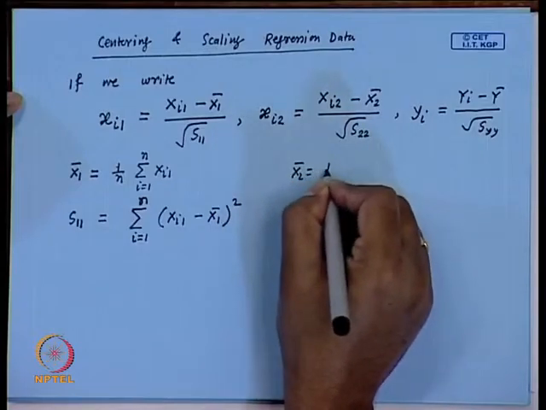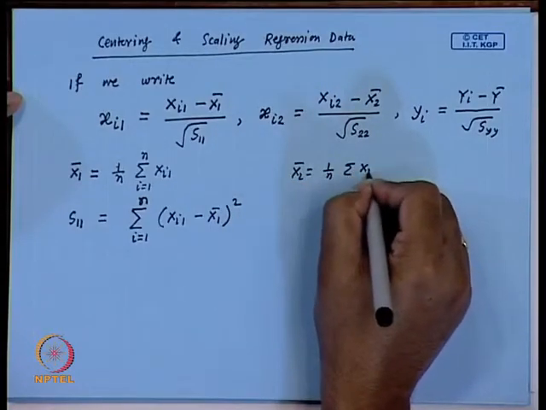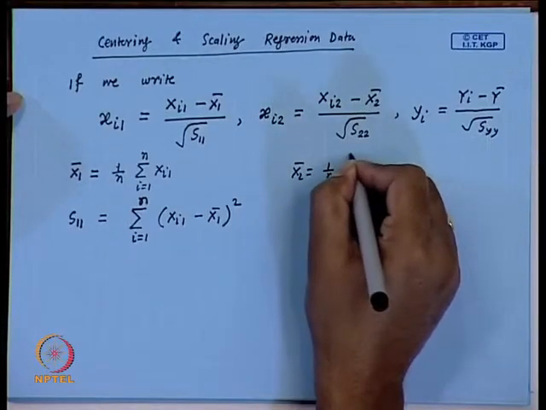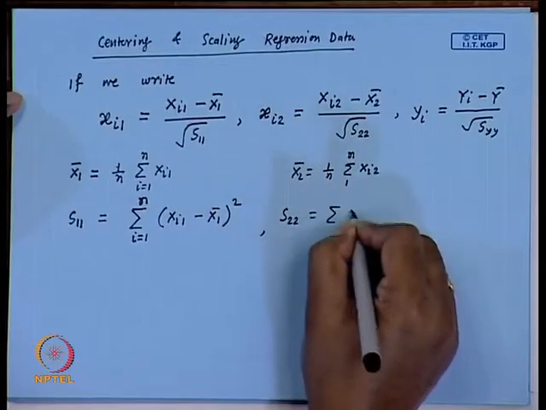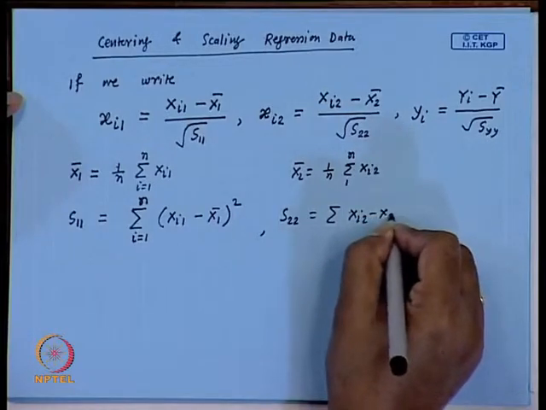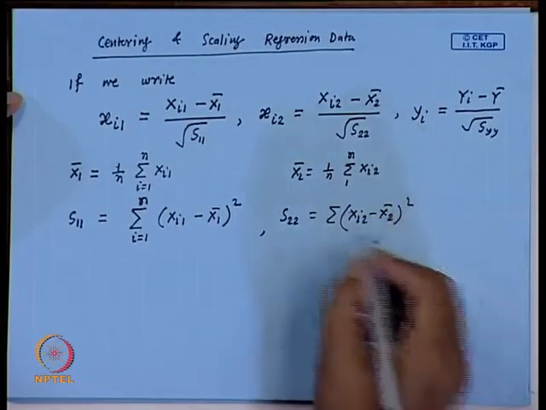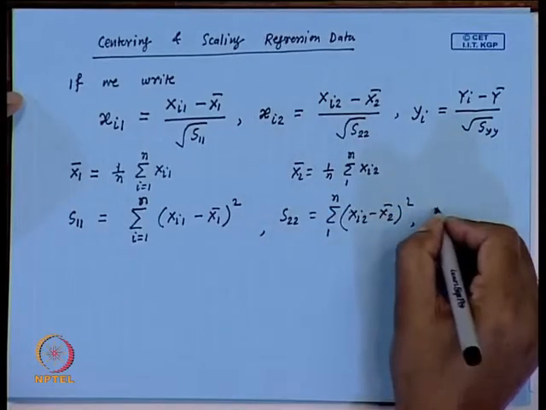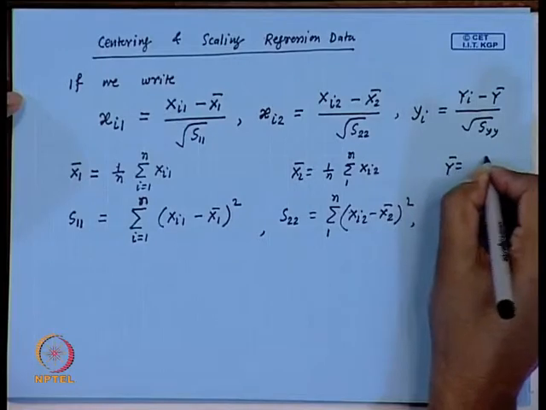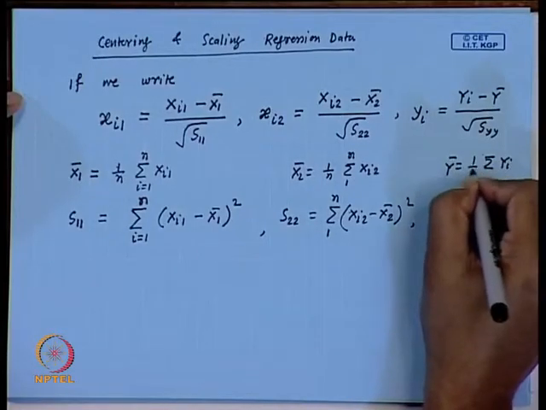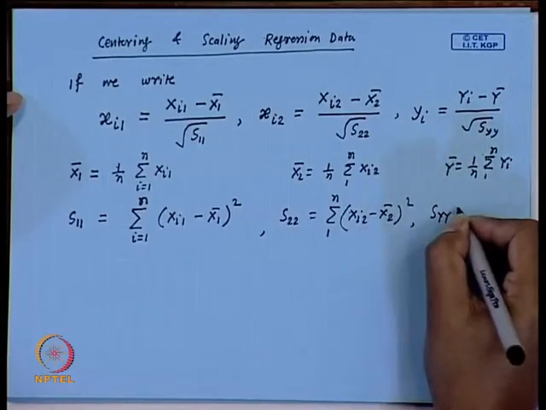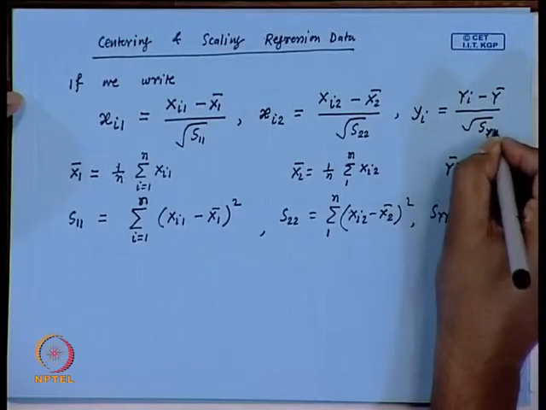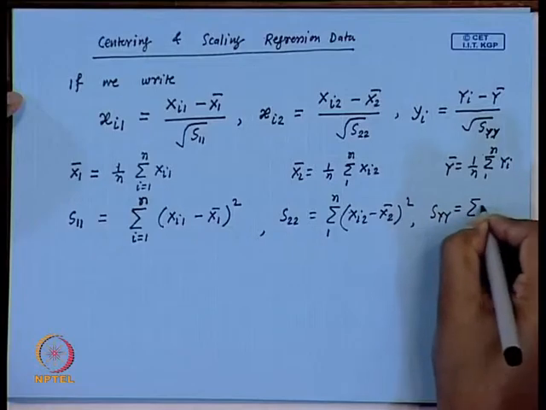So, x2 bar is equal to 1 by n summation x_i2, i is from 1 to n, and s_22 is equal to summation (x_i2 minus x2 bar) whole square, 1 to n, and here also y bar is equal to 1 by n summation y_i, 1 to n, right, and s_yy is equal to summation (y_i minus y bar) whole square.